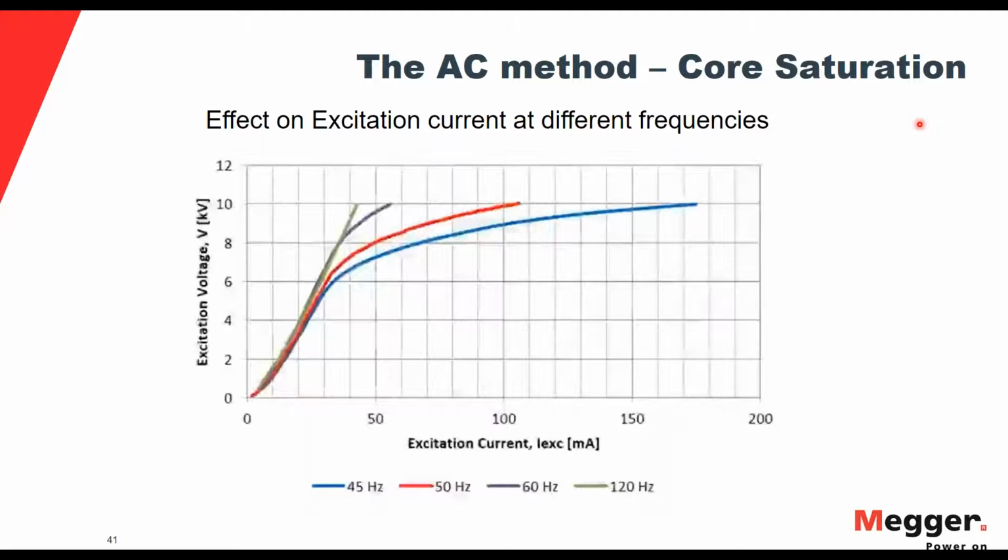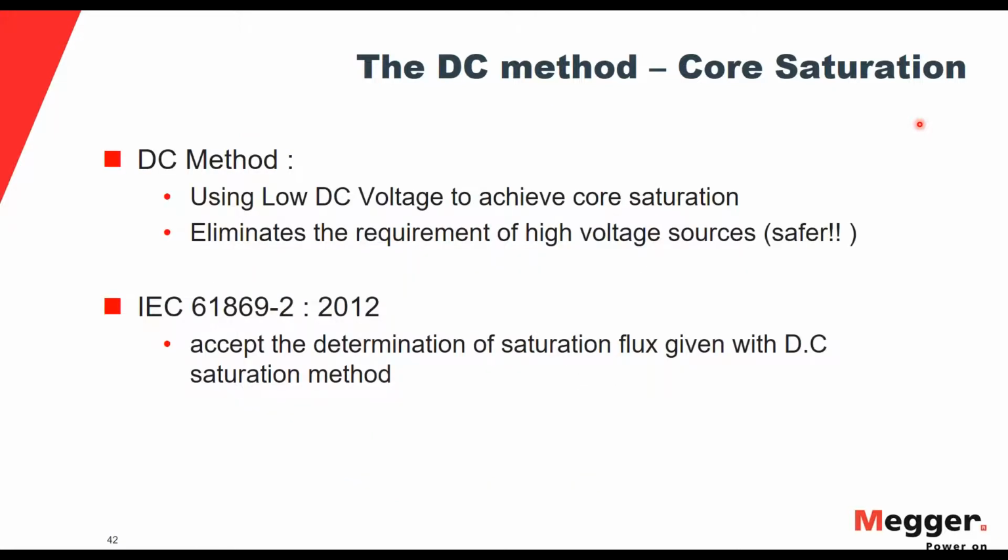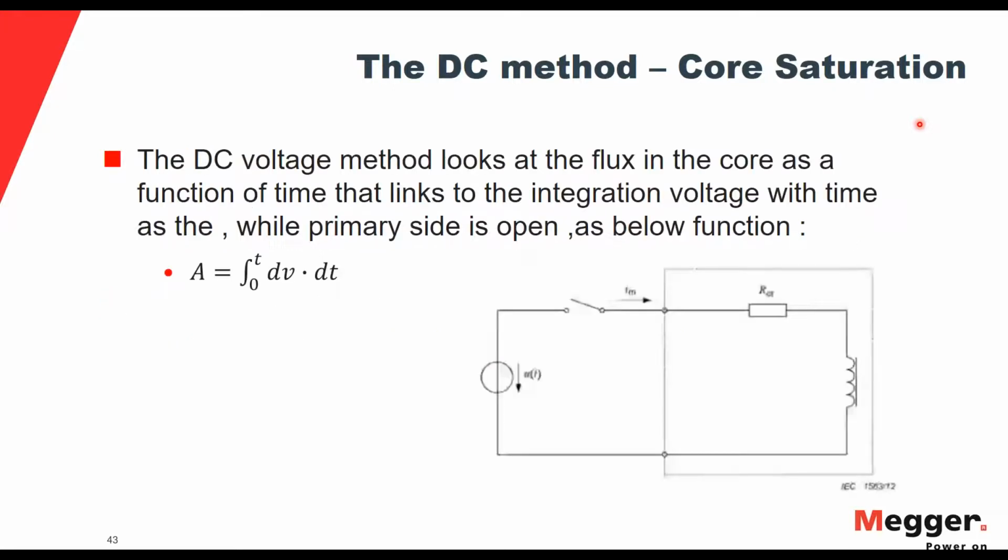This method helps a lot, but the method that Megger is using is called the DC method, where we use a low DC voltage on the core to saturate it. Instead of increasing the voltage to reach the saturation value, we just apply it for a certain amount of time. Based on that time, the saturation value will be calculated.